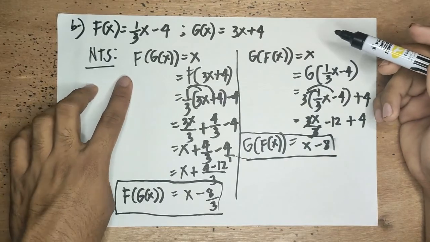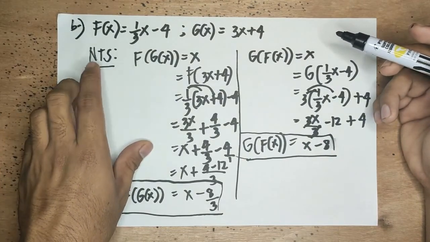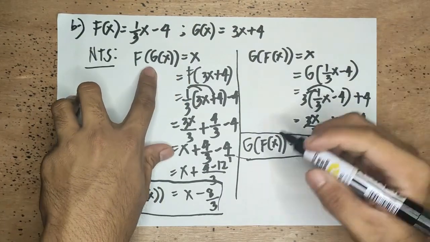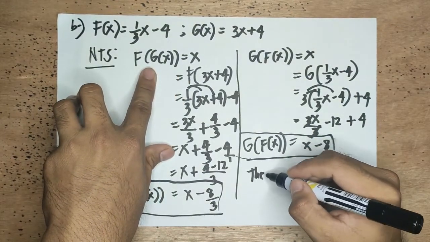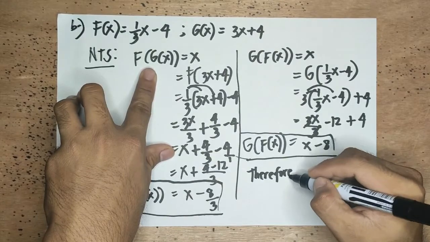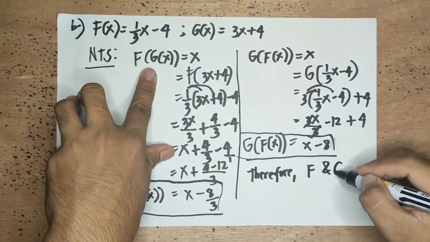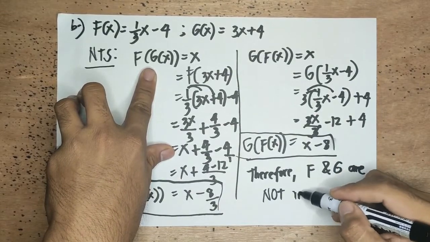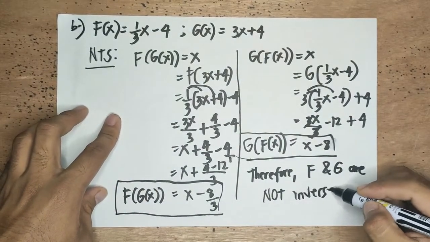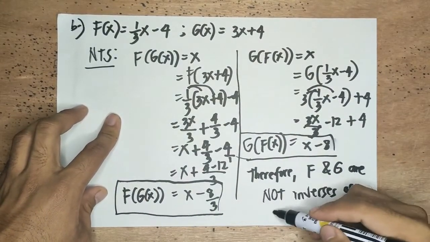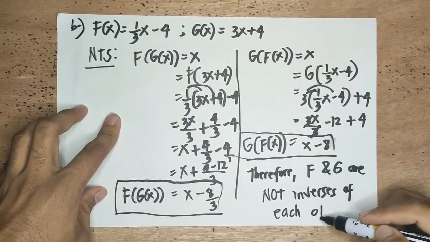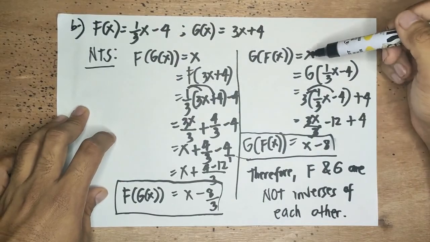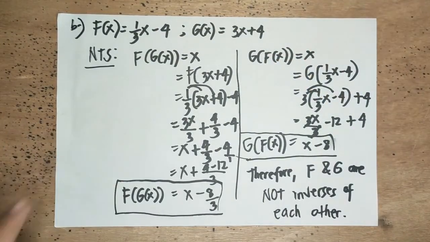Since hindi natin na ipakita yung need to show natin na dapat mag-equal silang dalawa kay x, we can say that f and g are not inverses of each other. Kasi magkaiba yung nakuha natin at hindi equal kay x. Understood?